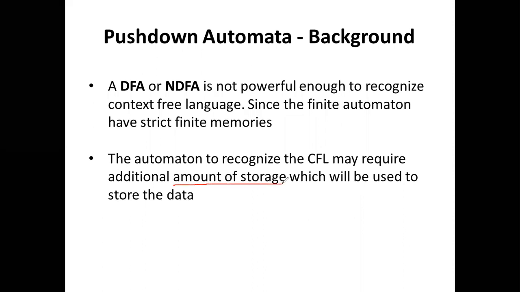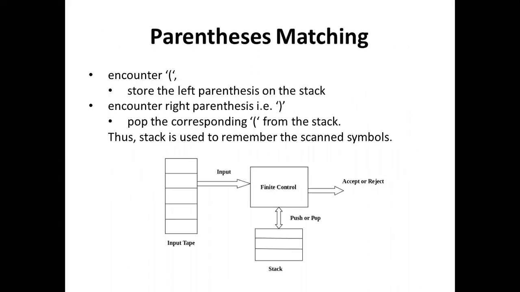So I have taken an example here. When you have to match the parentheses in any programming language, that is left parenthesis and right parenthesis, or left curly brace and right curly brace, how do we handle this?